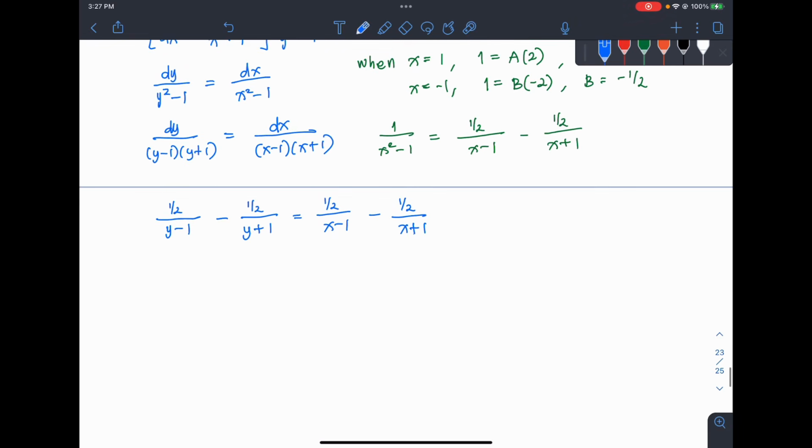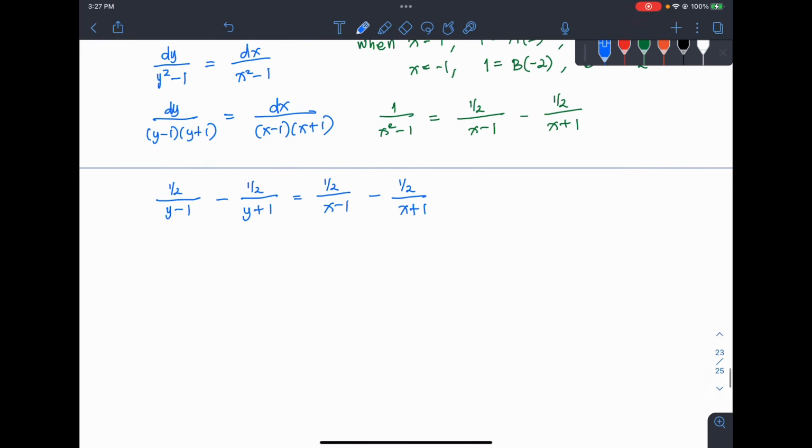So the integral of this will be 1/2 ln of y minus 1 and minus 1/2 ln of y plus 1 equals 1/2 ln of x minus 1 and then minus 1/2 ln of x plus 1 plus c.